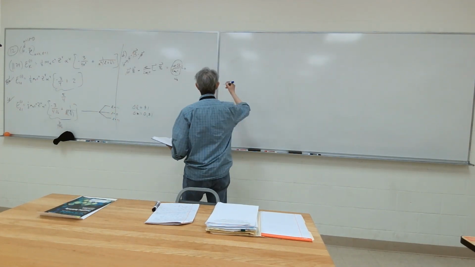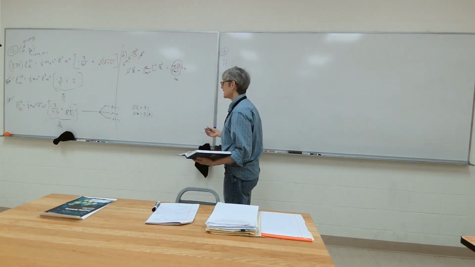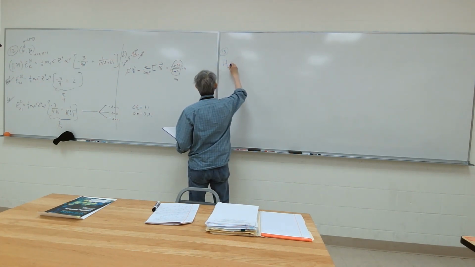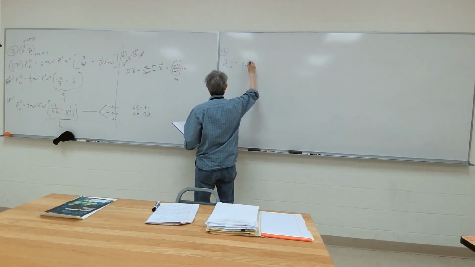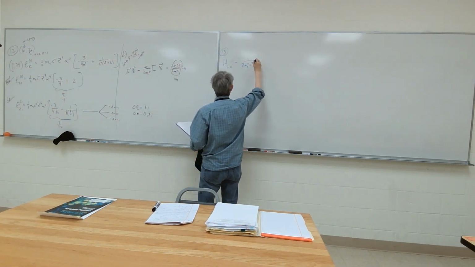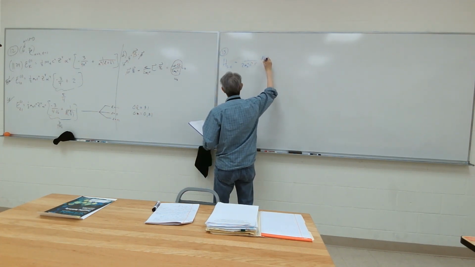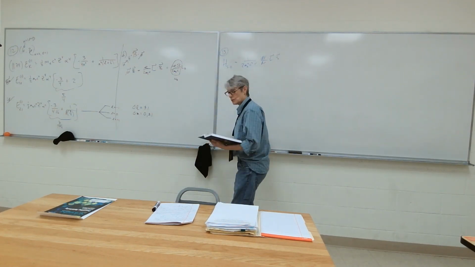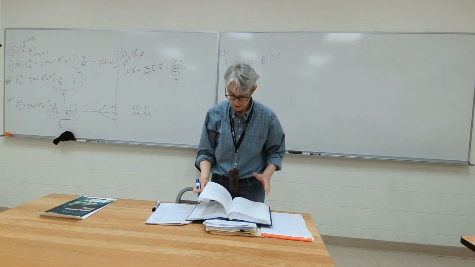That is the change in the energy state due to H1 being H_SO, and that's 1 over 2 m_e squared c squared, 1 over r, dV/dr, L dot S. So this is the spin orbit coupling term.